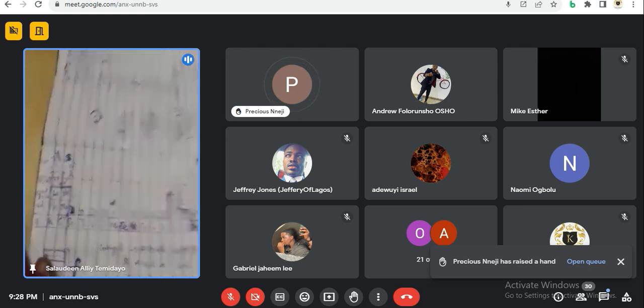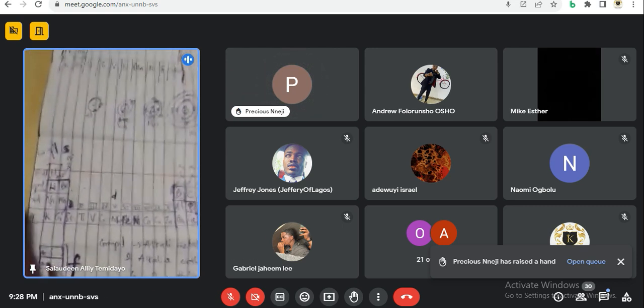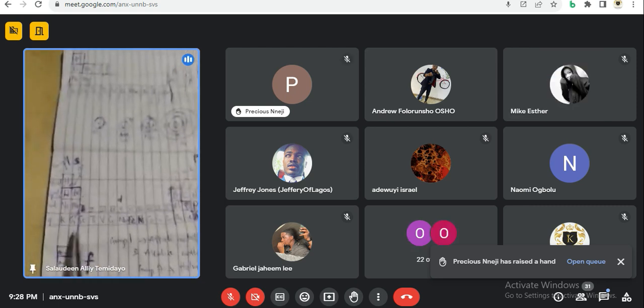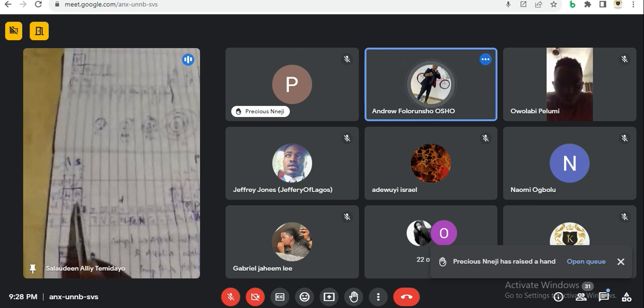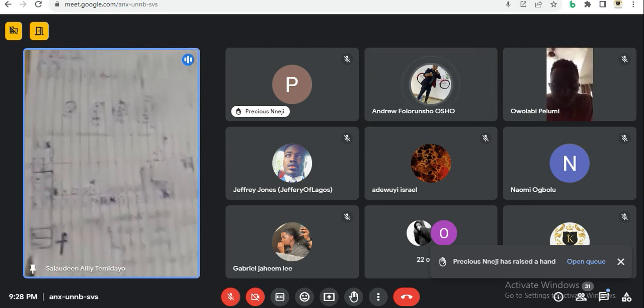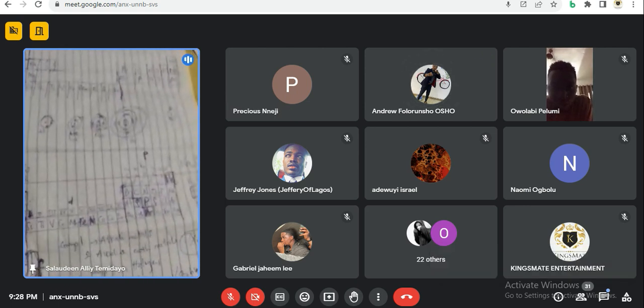Those we call actinides and lanthanides are inside period 6 and 7. We have the normal elements in group 7, in period 7. When counting, group 1 elements will reach there, group 2 elements will reach there.